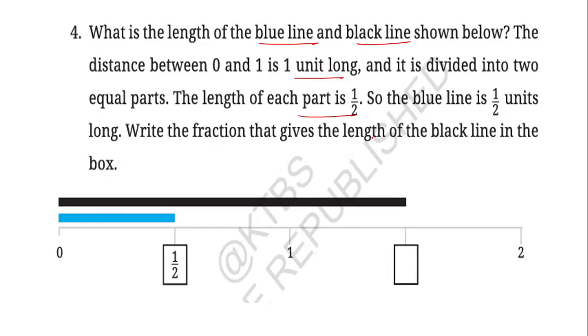Write the fraction that gives the length of black line in the box. This is 2 by 2 means 1. This is 3 by 2. 4 by 2 here. 2 ones are 2, 2 twos are 4. That means 2. This is 3 by 2.